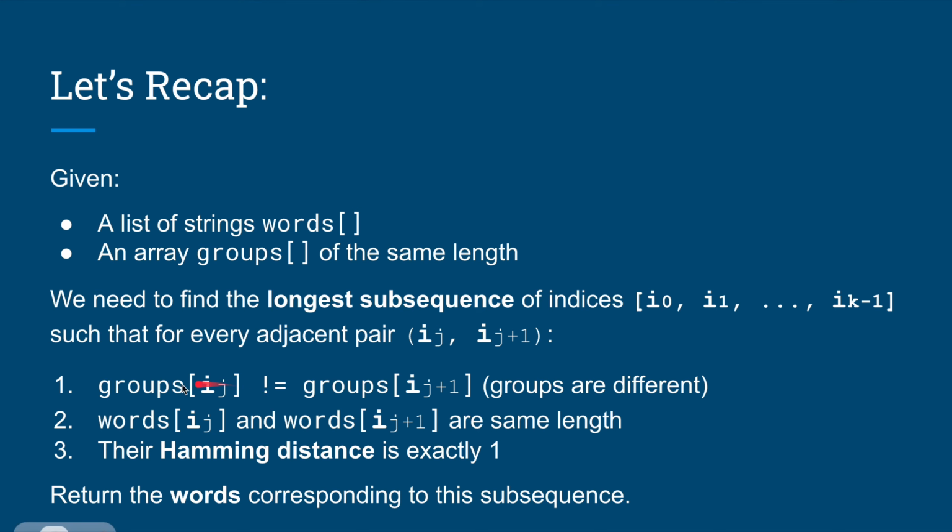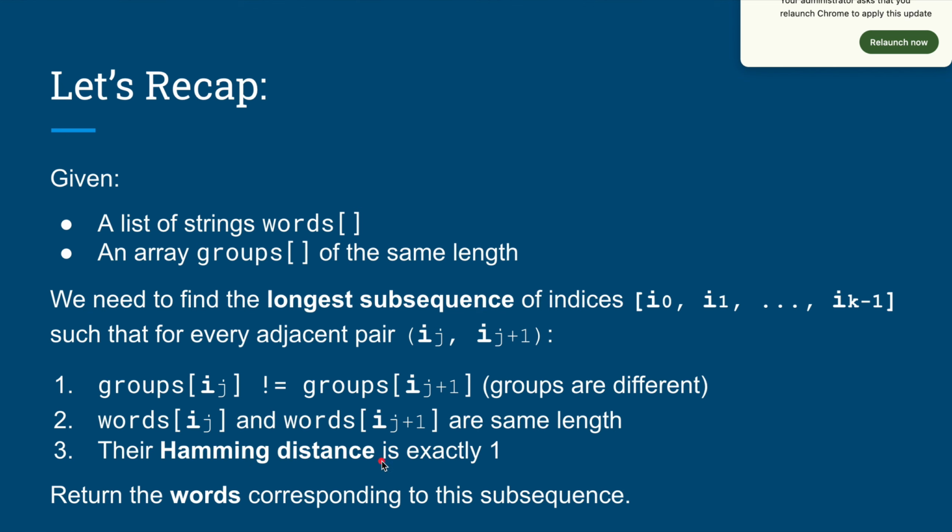Another condition: words at i_j and words at i_j plus 1 have the same length, right? And the third point says their Hamming distance is exactly 1. That means only one character is different, right? And then we will return the corresponding words in order, right?